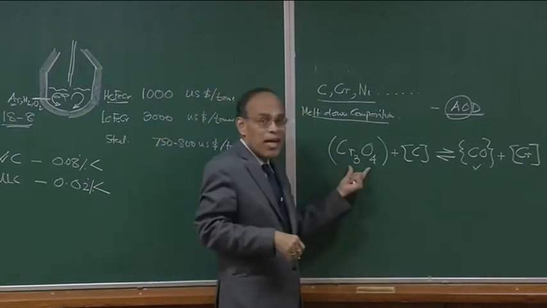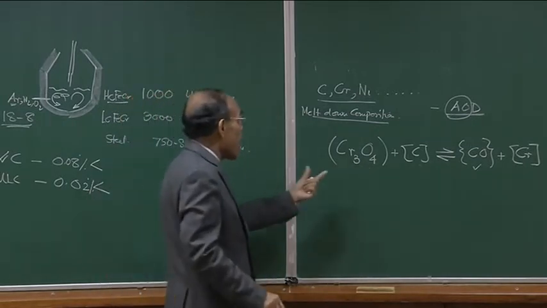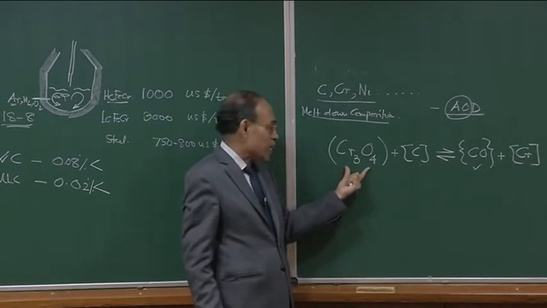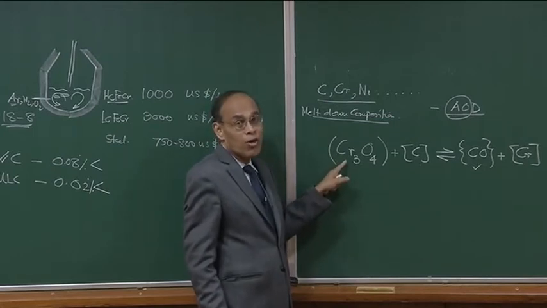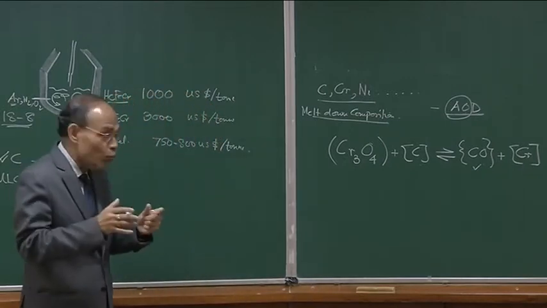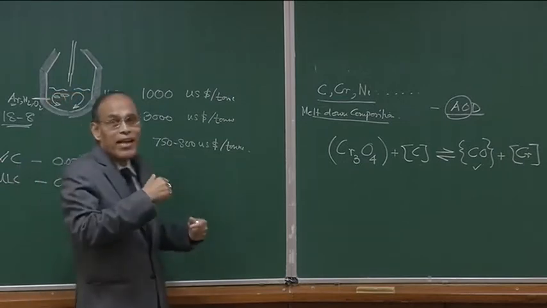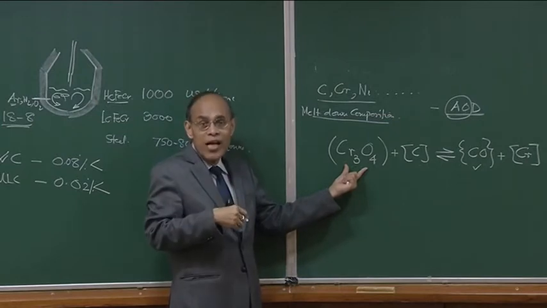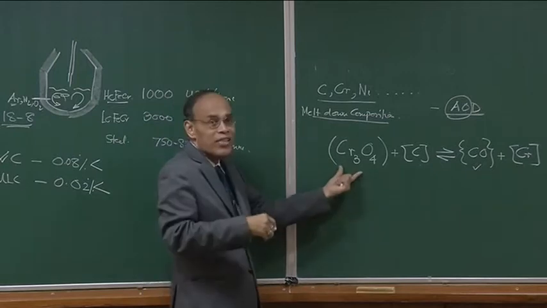Because this is a basic oxide, by the rule of chemistry we can say that a highly basic slag, which will contain a large proportion of calcium oxide, will increase the activity coefficient of Cr3O4, because CaO is the more powerful basic oxide. In the presence of CaO, all the silica, etc., will be eaten up by calcium oxide, and Cr3O4 will have no chance to react with other acidic compounds, and therefore, it will be left with no option but to look for a different avenue to go out of the slag phase itself.